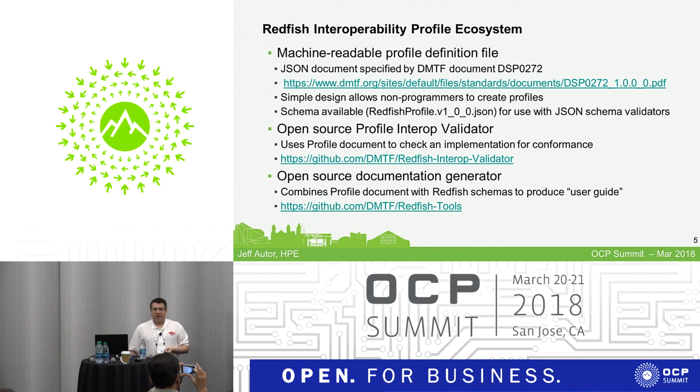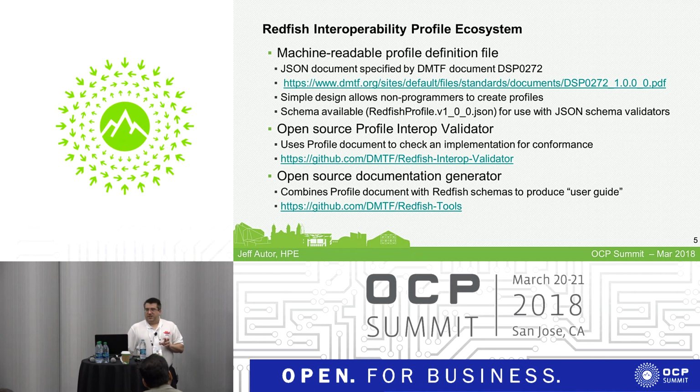The format of that JSON document is specified in a DMTF spec, number 272. There's a link there on the slide. And by the way, these slides are available on redfish.dmtf.org on the developer hub as well.